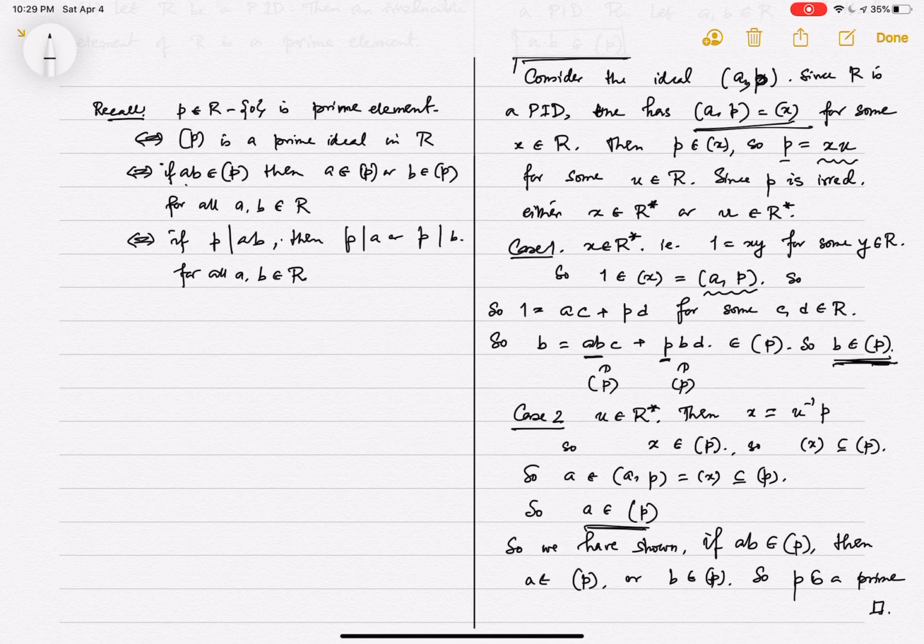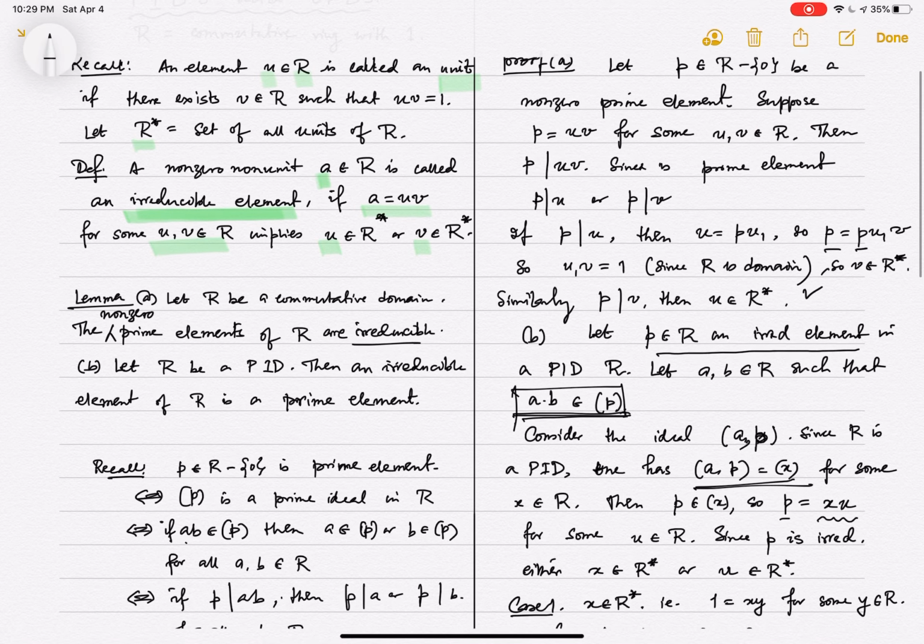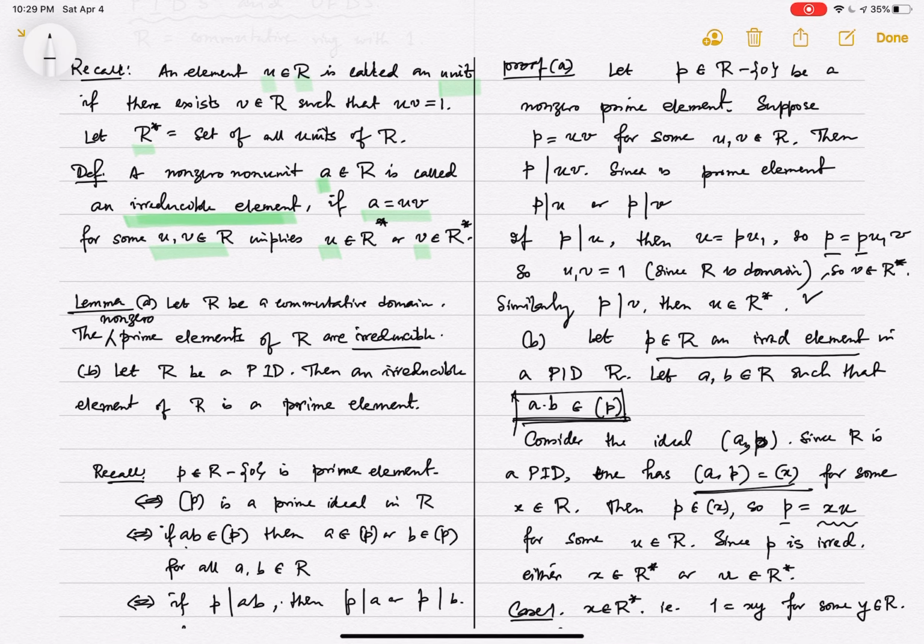Next, there is a little discussion about GCDs. You might recognize this argument as something similar to arguments that you have seen when talking about GCDs.